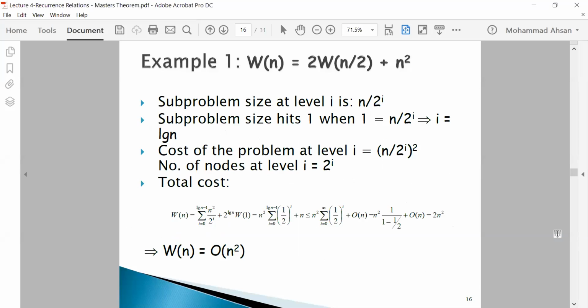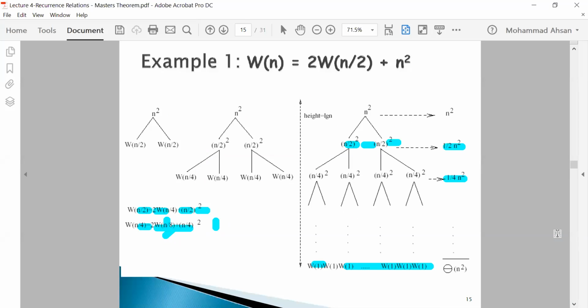So if you generalize this equation, let me use the whiteboard. Wn is twice Wn by 2 plus n square.